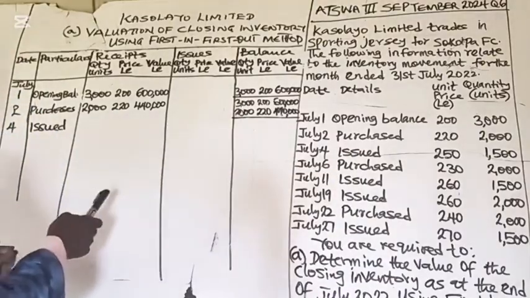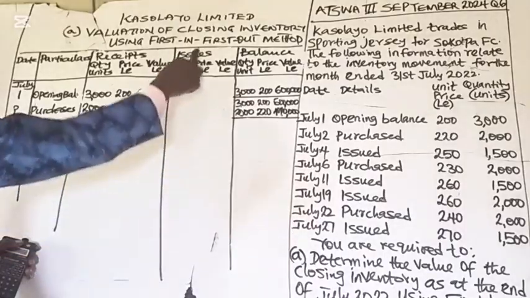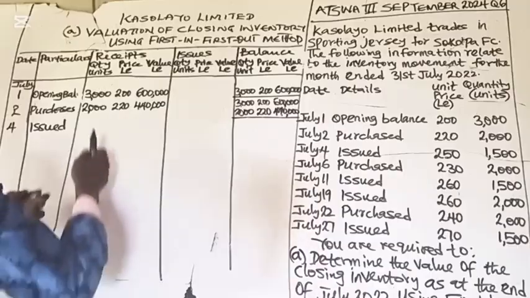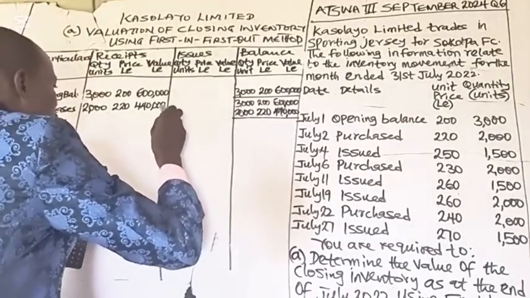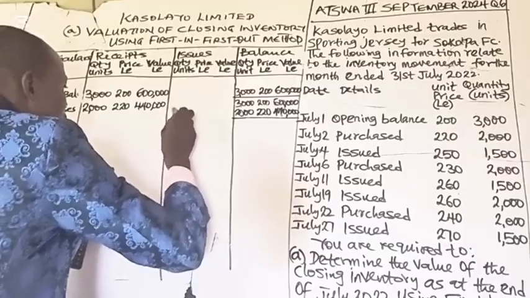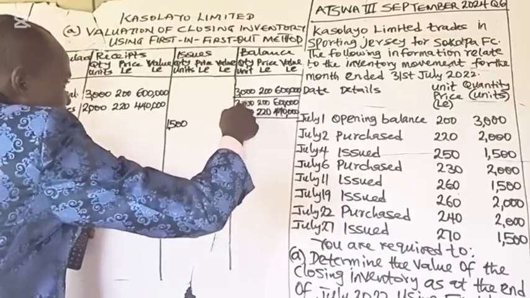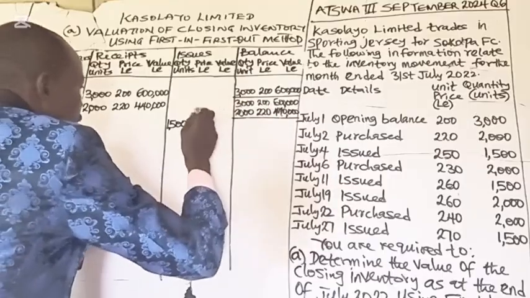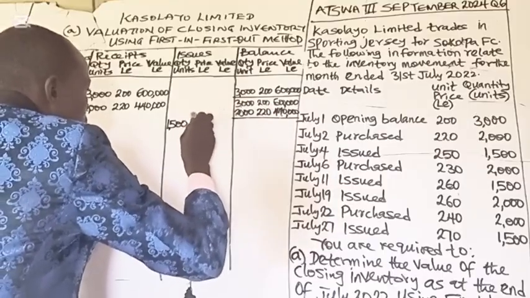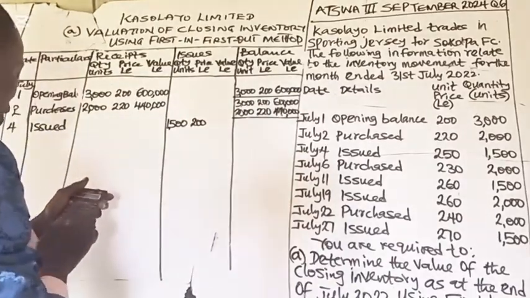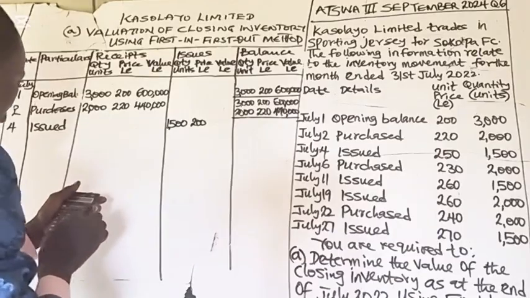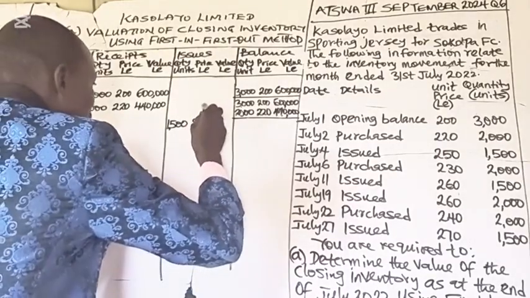Any issues you want to make will be recorded in the issue column, not the receipt column. So you have 1,500 from this 3,000 at the price of 200. That gives us 1,500 times 200, which is 300,000. That is the value.